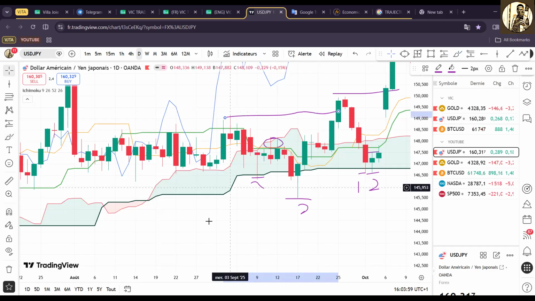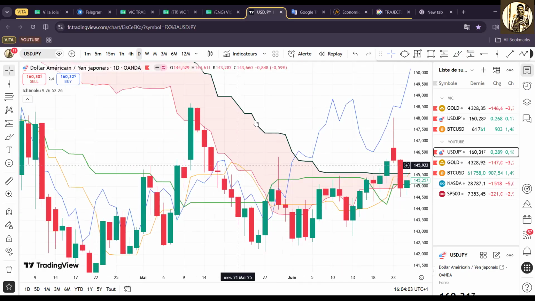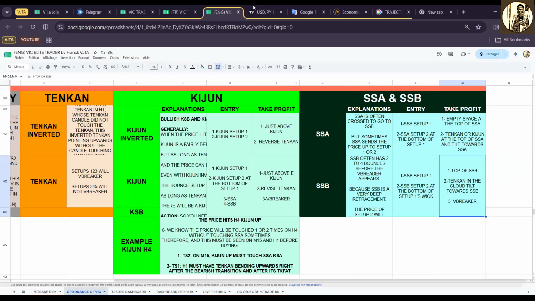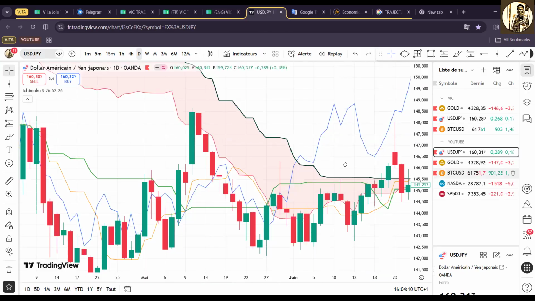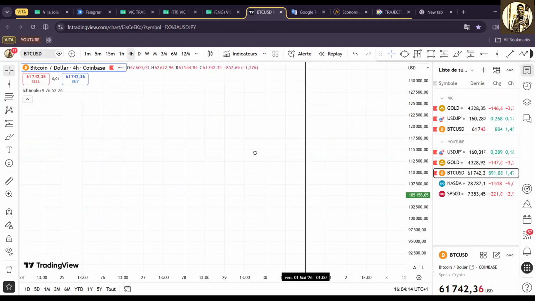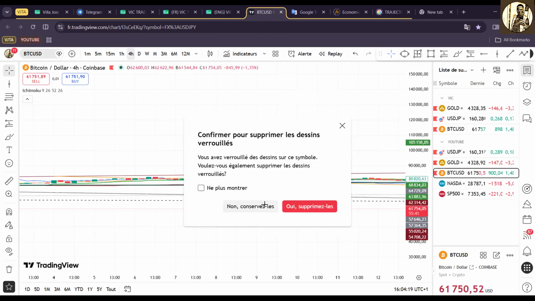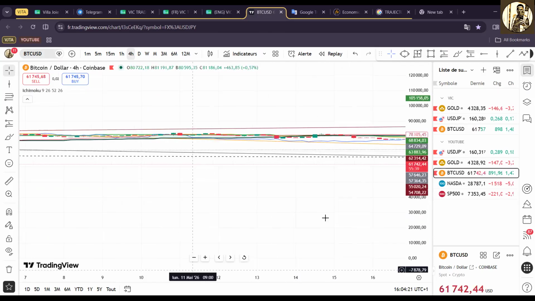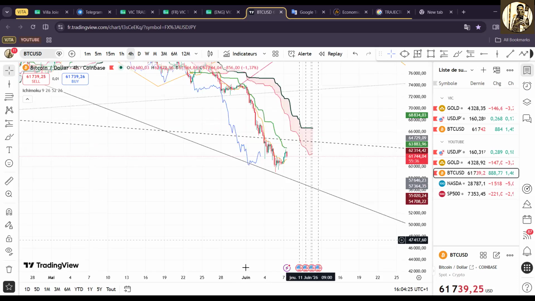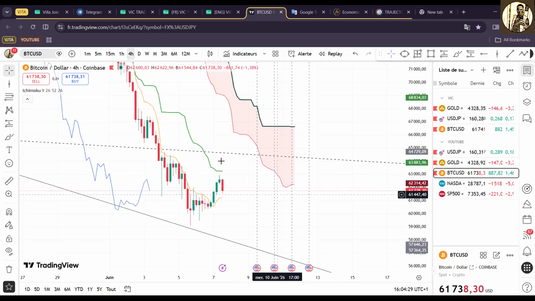So that's how you use the line theory. It means that, for example, let us look if we can have a current Kijun or SSA or any line on Ichimoku.